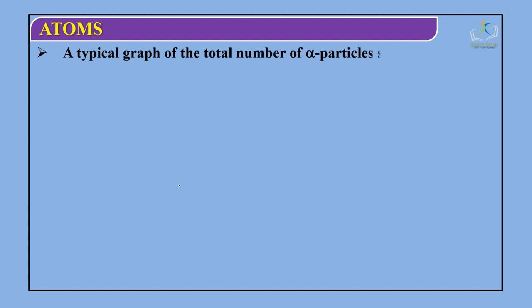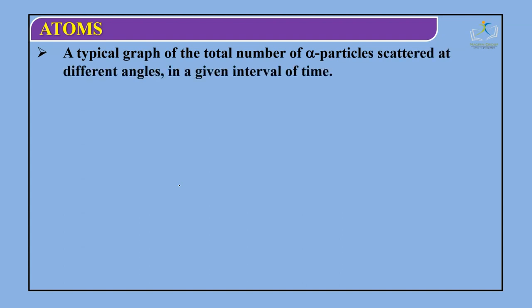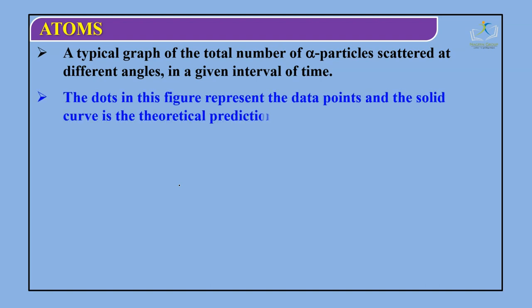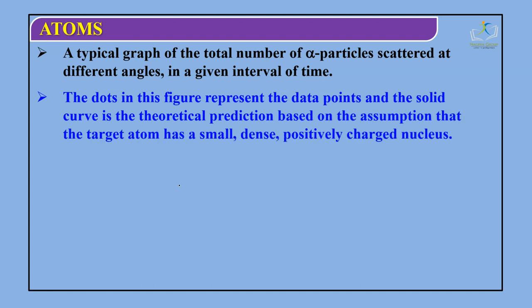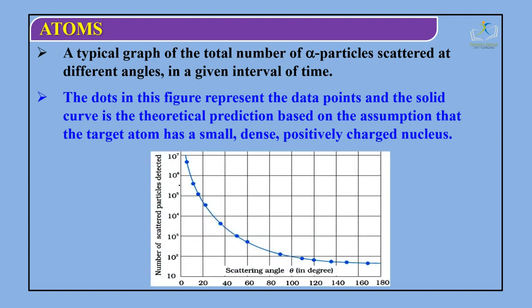A typical graph of the total number of alpha particles scattered at different angles in a given interval of time. The dots in this figure represent the data points, and the solid curve is the theoretical prediction based on the assumption that the target atom has a small, dense, positively charged nucleus.